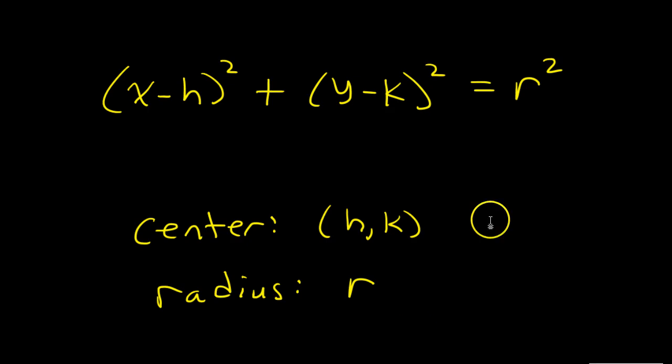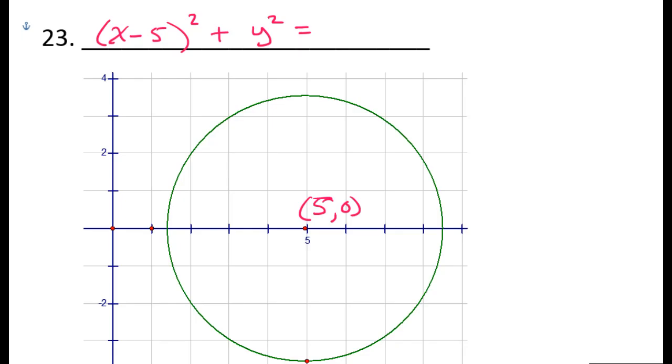Now it's time for the radius squared. For the radius, I'm just going to look and see how far over is it? From 5 to, so I've got 1, 2, 3.5. So the radius is 3.5.